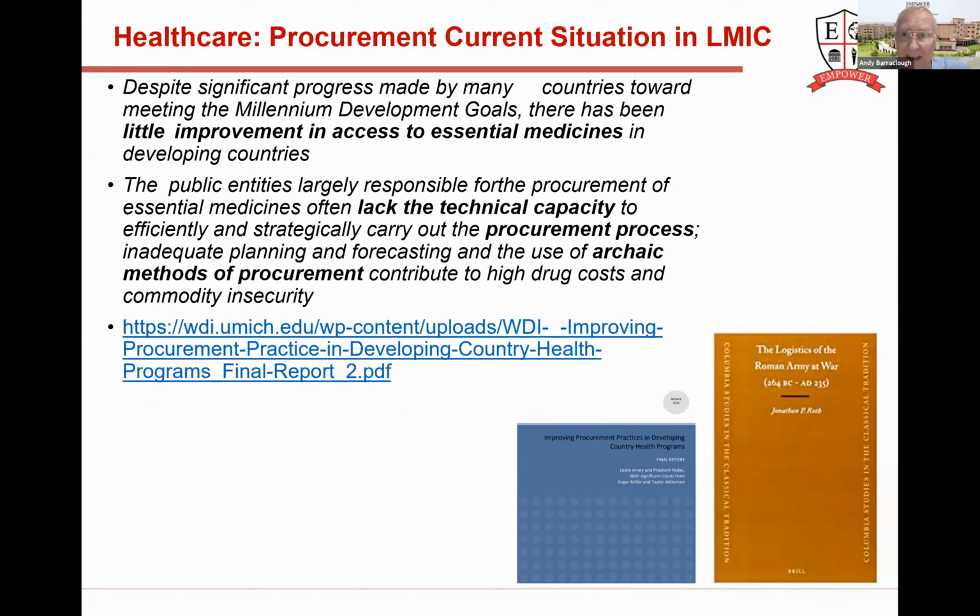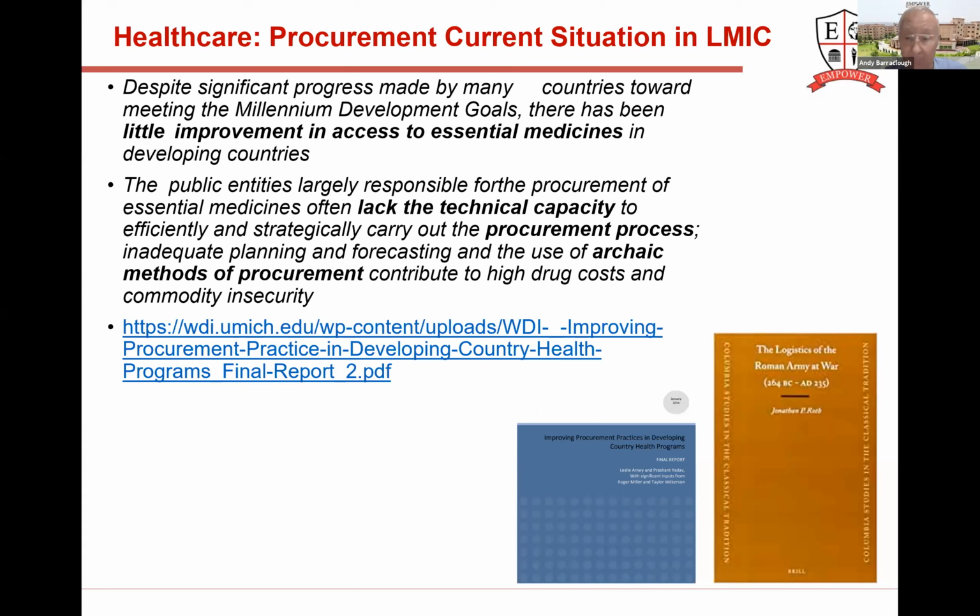We're using archaic methods. Some of the methods are 2,000 years old. They were used by the Roman army when they had legions marching around the world. They are archaic. They don't work for us. And we have to recognize this shortfall and be prepared to address it.